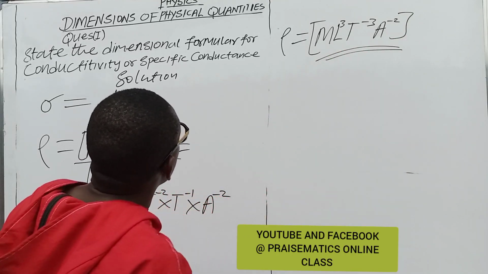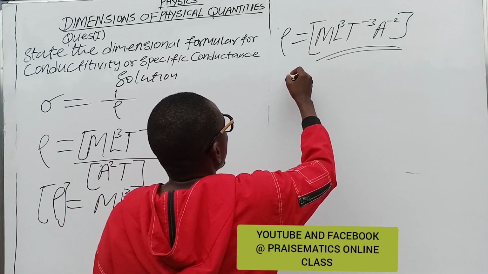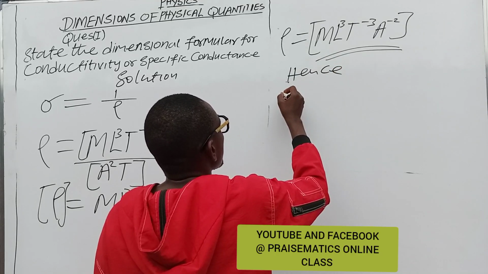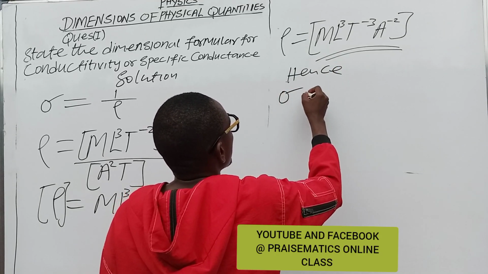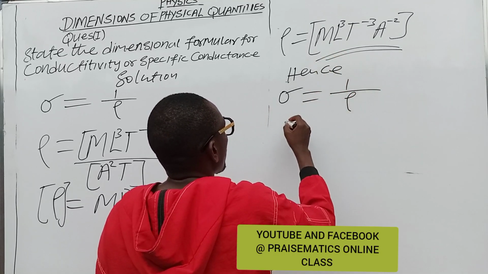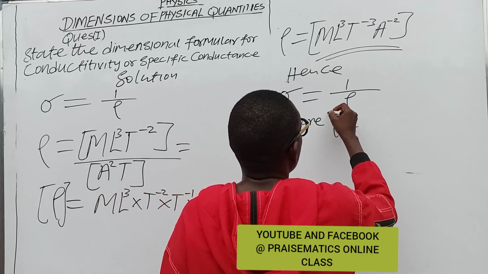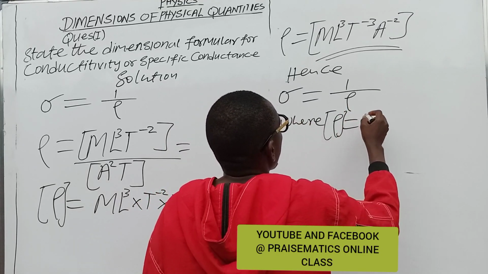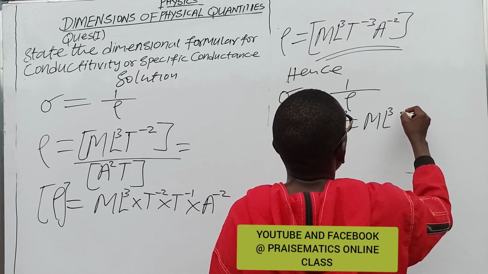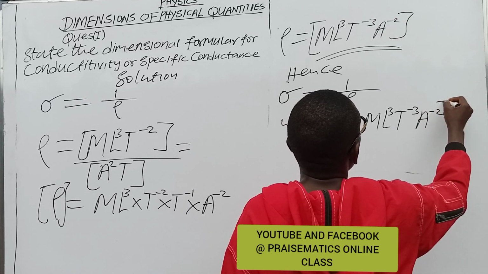But the specific conductance or conductivity, hence conductivity is equal to 1 over rho, where rho is equal to M L raised to power 3, T raised to power minus 3, A raised to power minus 2.